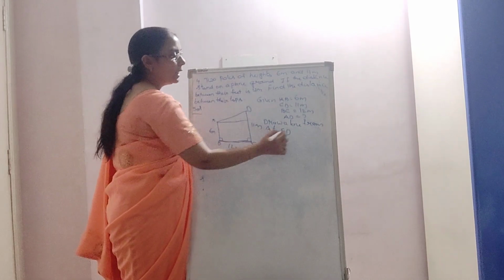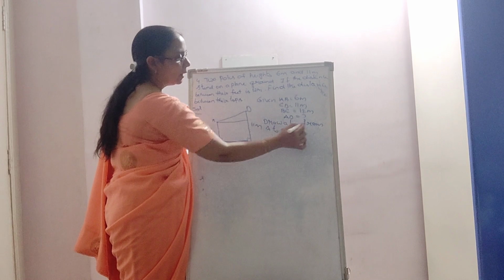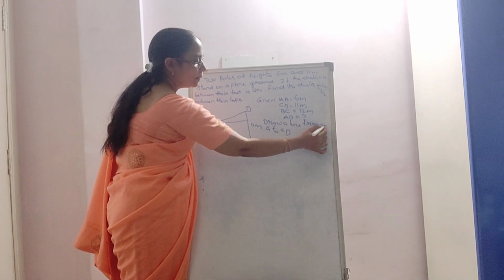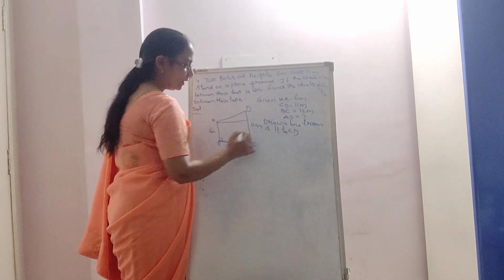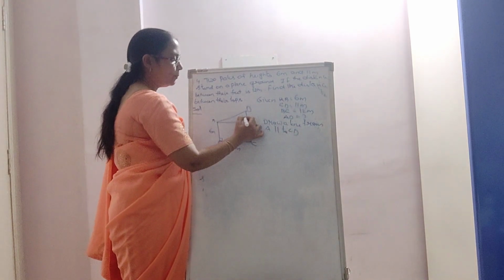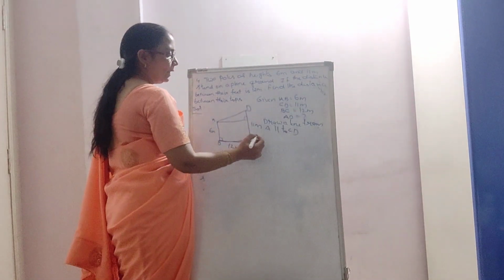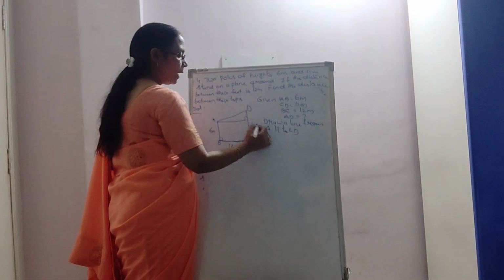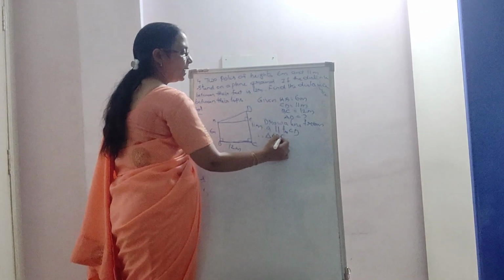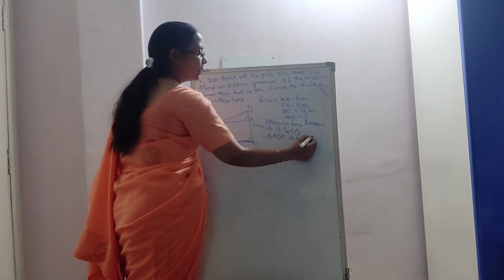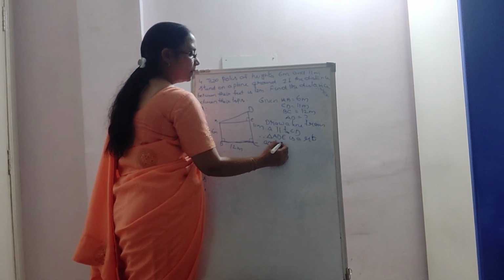We are drawing the line parallel, draw a line from A parallel to CD. So these two are parallel, so by the corresponding angle, this will also be 90 degrees. Therefore, we can easily make out, let us name this as E. Triangle ADE is a right angled triangle.